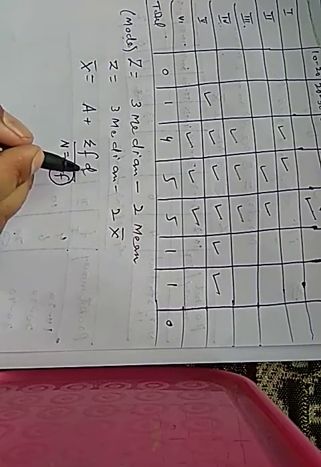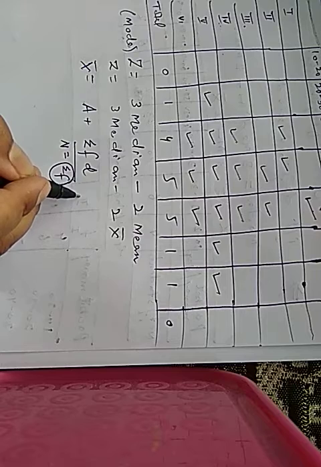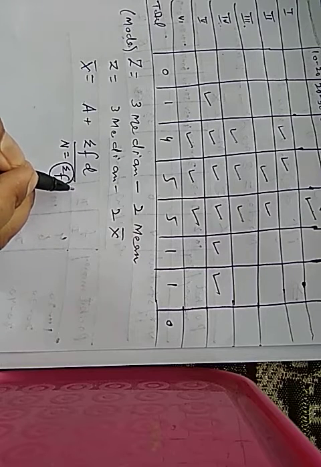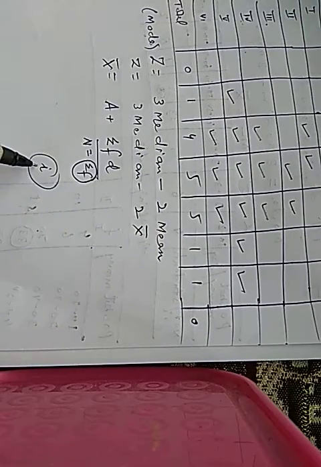If we divide d by i, then we have to multiply this formula by i, that is the size of the class interval, the difference between lower limit and upper limit.